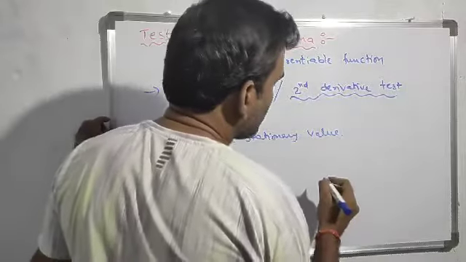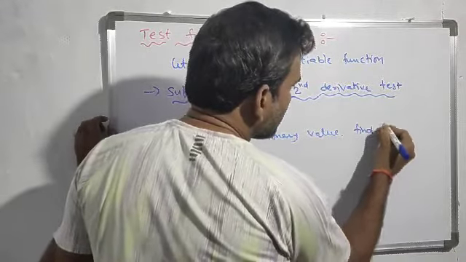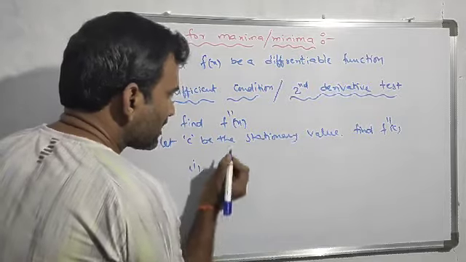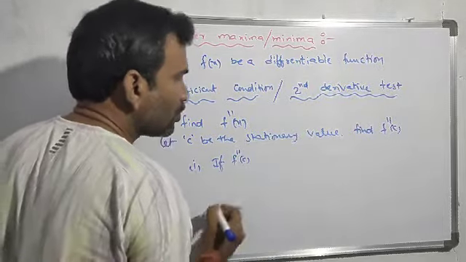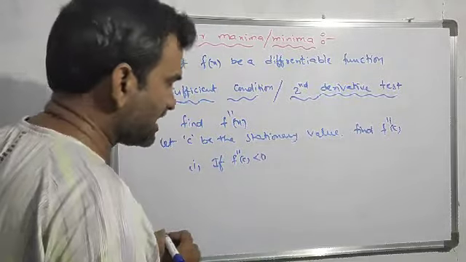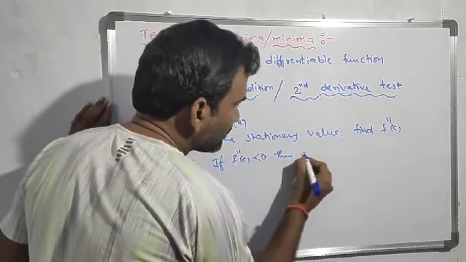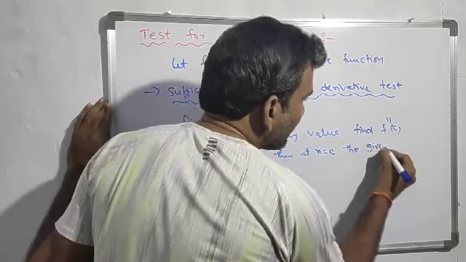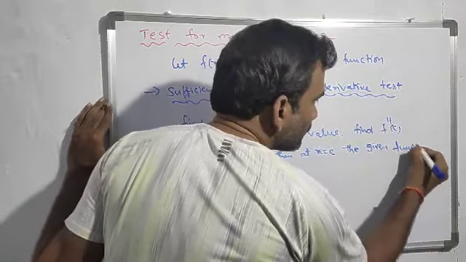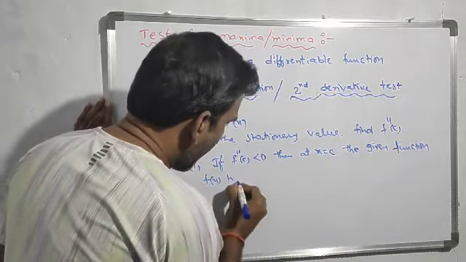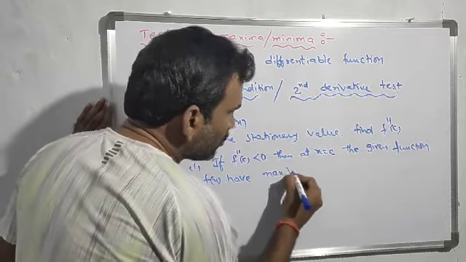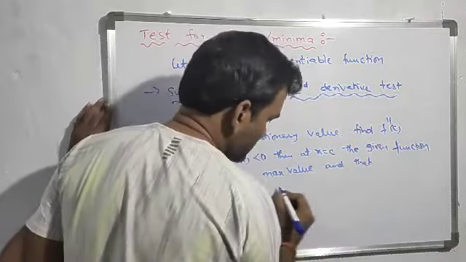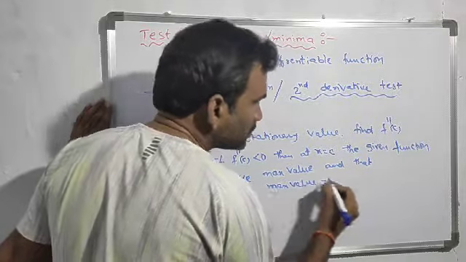Okay, so find f double dash of c. If f double dash of c value is less than 0, then at x equal to c, the given function f of x has a maximum value, and that maximum value is equal to, what is that?